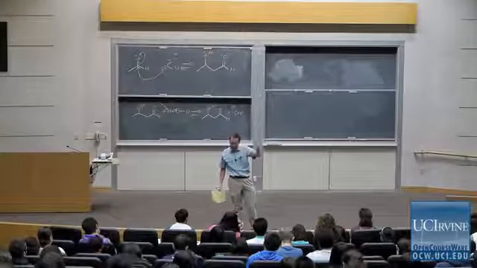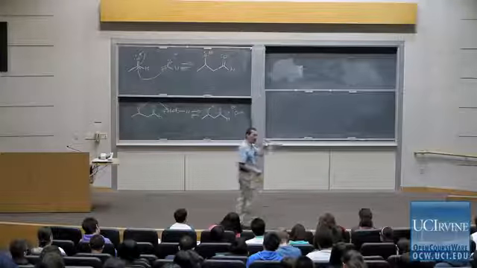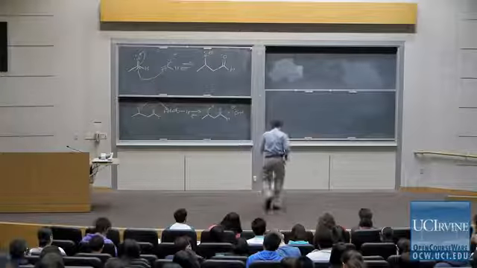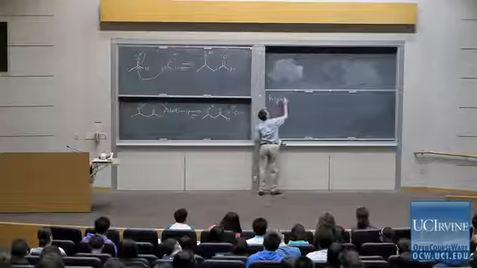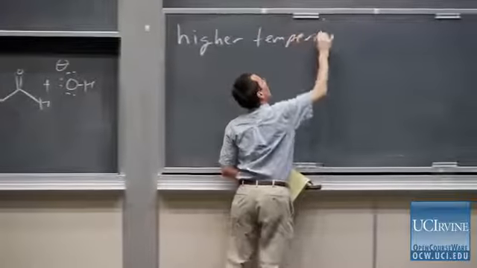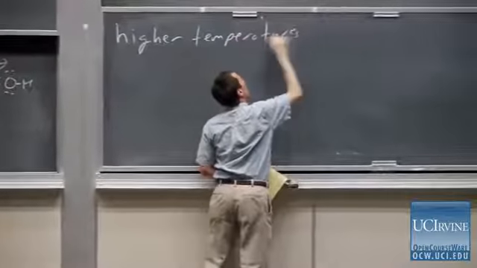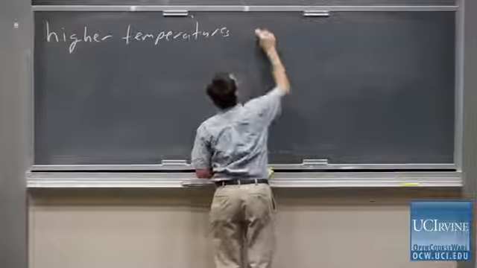And as the chemistry goes, we can drive things further and further downhill thermodynamically. So one of the features of the aldol reaction is that higher temperatures and longer times tend to lead to dehydration.